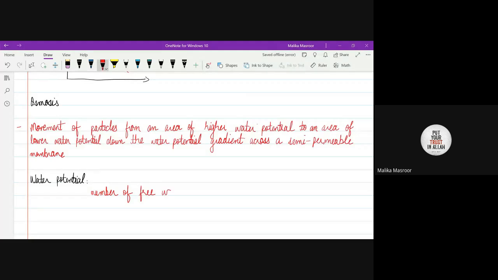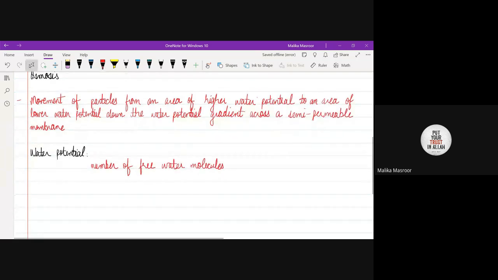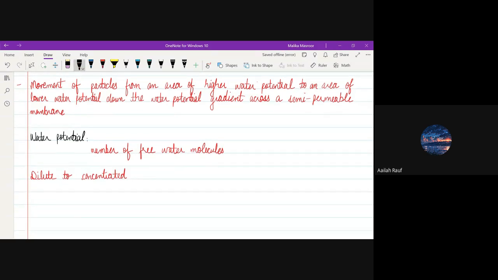Is this clear? Yes or no? Yes, miss. Good. Dilute is high water potential. Concentrated is low water potential.